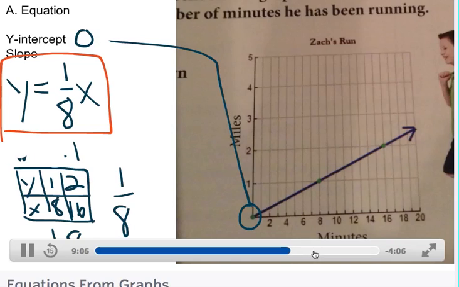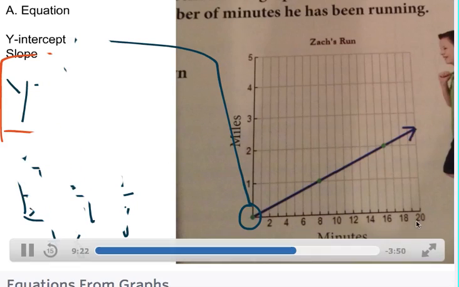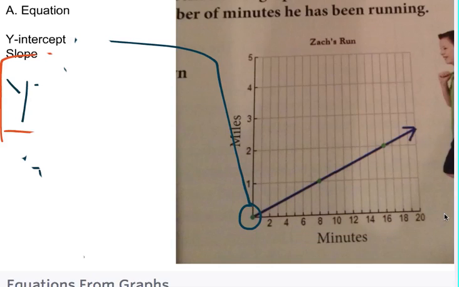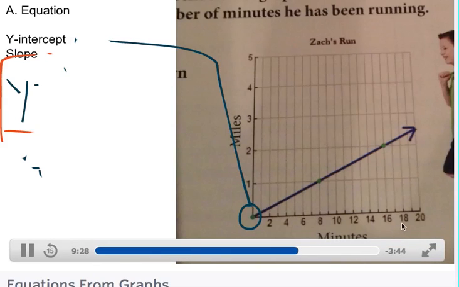So that's the equation. B is going to ask us to use the equation to determine how far Zach will have gone in 28 minutes. This graph only goes to 20 minutes. So we need to see if we can figure out either by graphing or using the equation how many miles he's gone in 28 minutes.